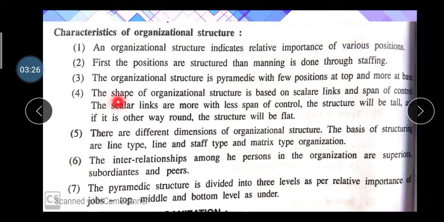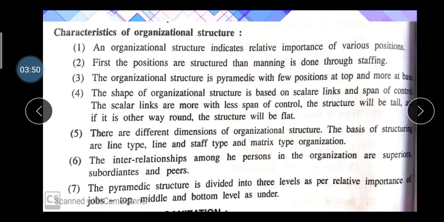Fourth one, the shape of the organizational structure is based on the scalar chain and the span of control. The scalar chain is longer with a smaller span of control, so the structure will be tall, and the other way round, the structure will be flat. If in the organization there is a span of control, you can learn this topic in the next video lecture session.